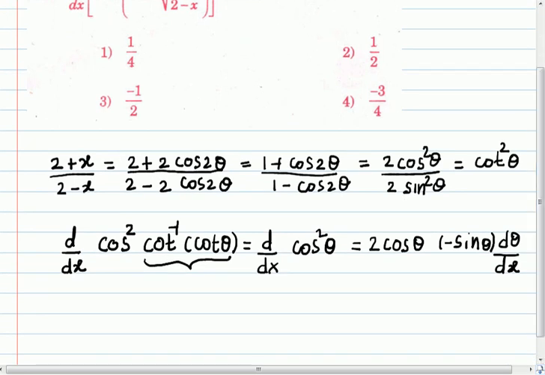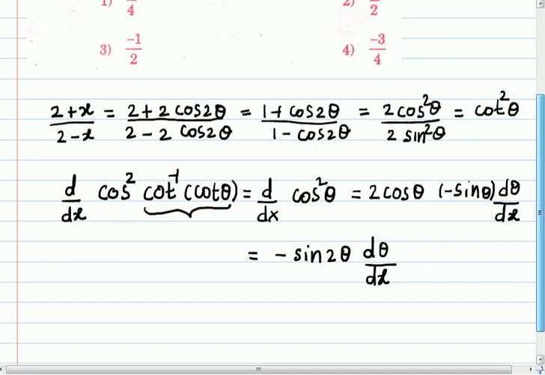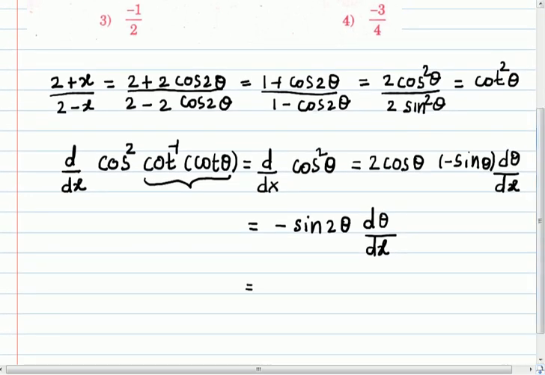Or else can I write this as minus of sin 2 theta into d theta by dx. Therefore I'll keep this as minus sin 2 theta as it is.